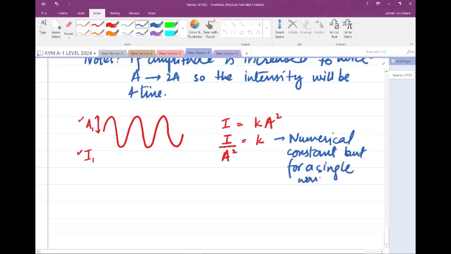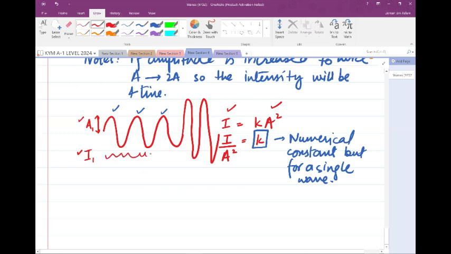That means it will change for a different wave, but if I keep talking about this very wave, the K is going to stay constant. Even if I make some changes to this wave, the intensity and the amplitude may change, but the K is going to stay the same for this wave.